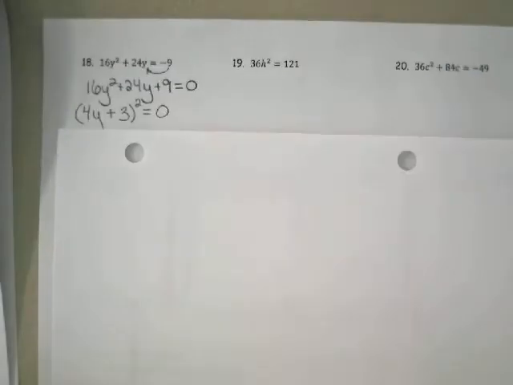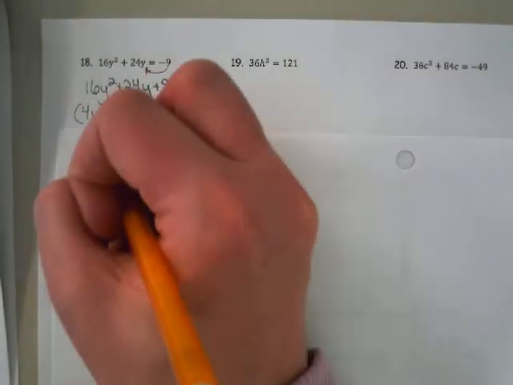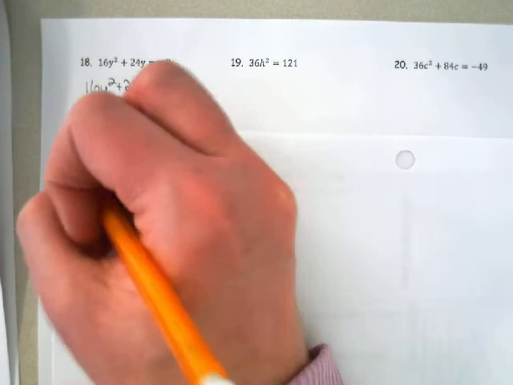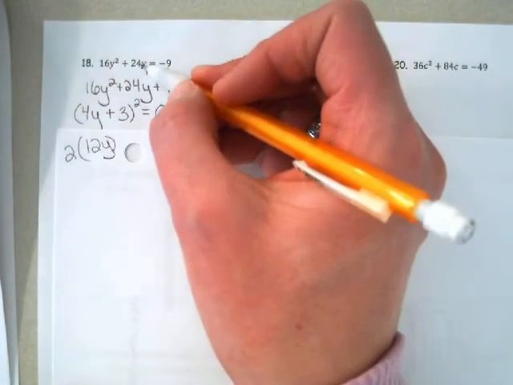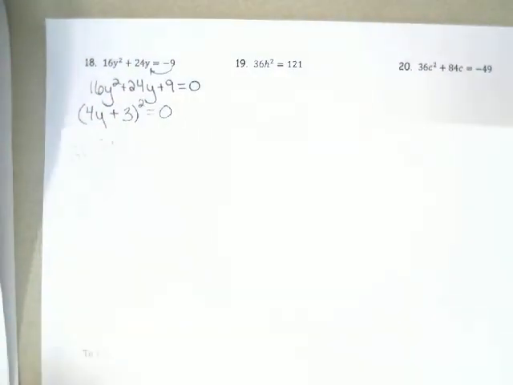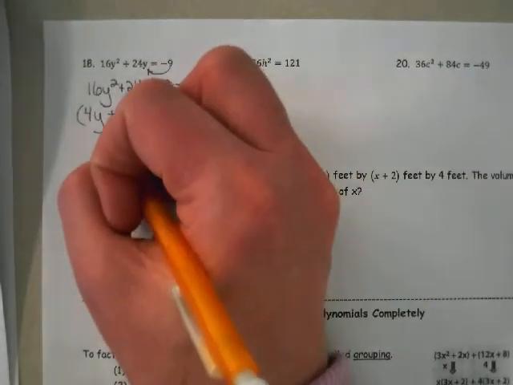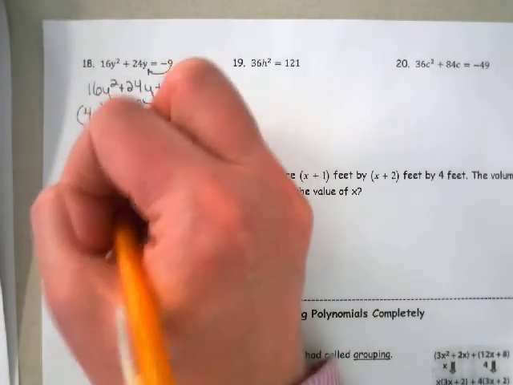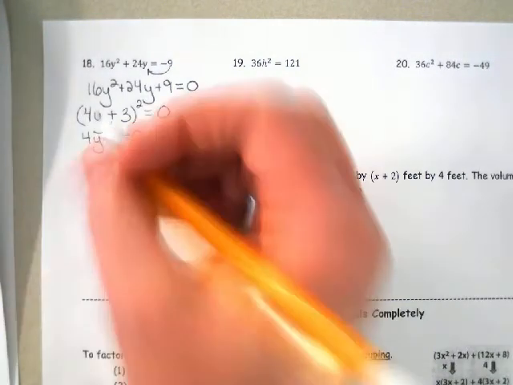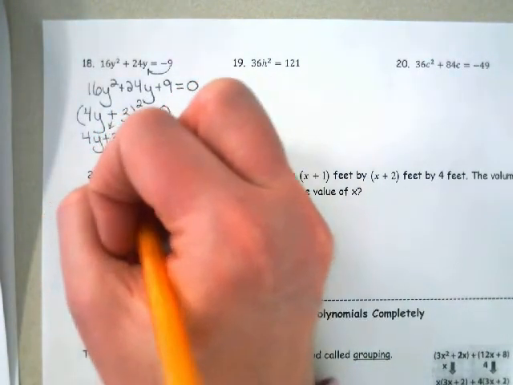I'm going to take the square root of 16, and I'm going to take the square root of 9. And I know my symbols are both plus. And then I'm going to quick multiply these together. And so I get a 12. When I multiply 4 times 3, that's 12y. If I double that, do I get 24? And the answer is yes.